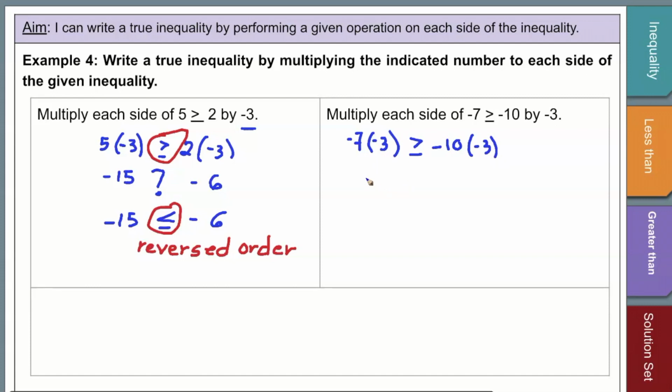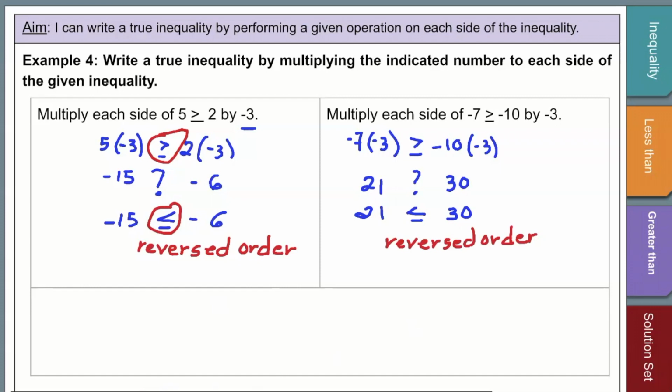What's the relationship between 21 and 30? Is 21 greater than 30? That's not true. So we are going to reverse the inequality from greater than or equal to, to less than or equal to. 21 less than or equal to 30. This is a reversed order.